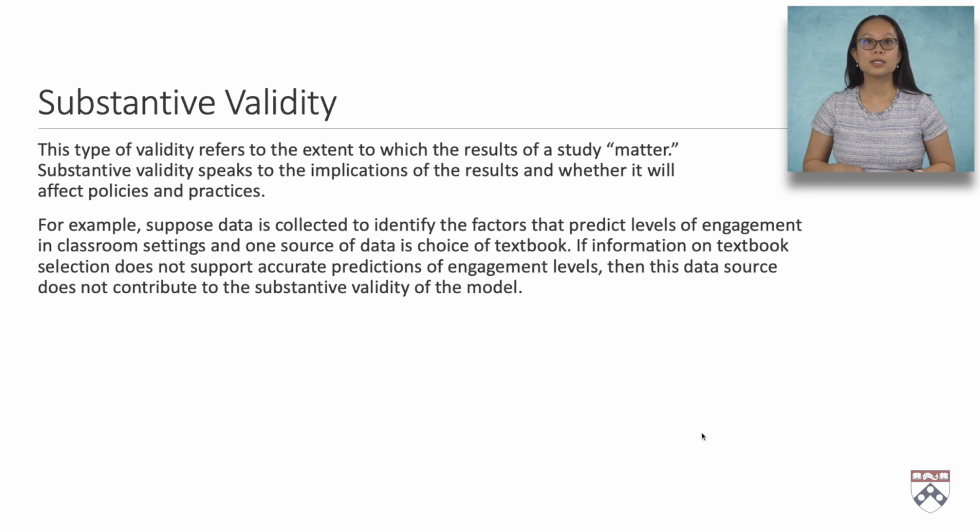If information on textbook selection does not support accurate predictions of engagement levels, then this data source does not really contribute to the substantive validity of the model. Even though the choice of textbook might be one of several features that could be important in the development of a curriculum or in the construction of the materials that the teacher or the instructor wants to use in designing a class.